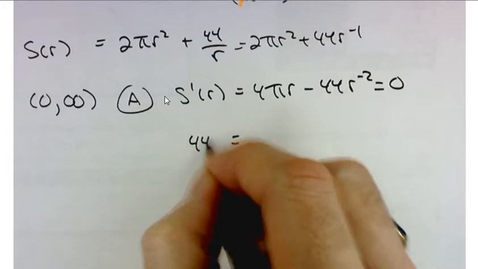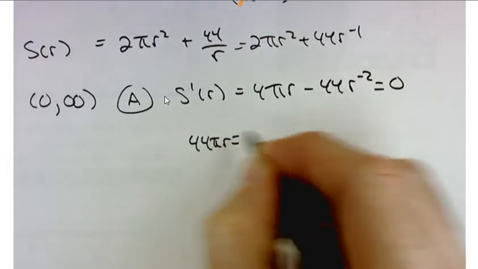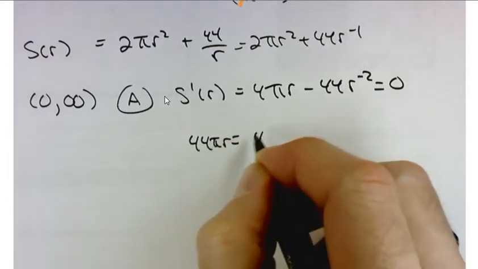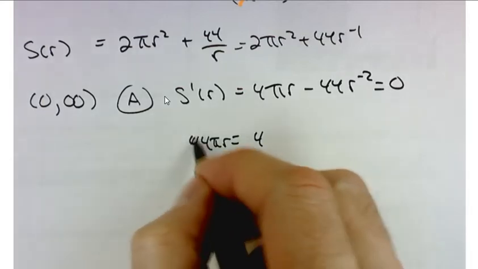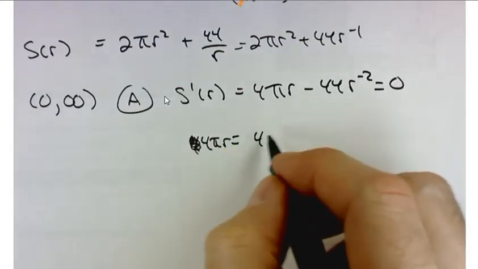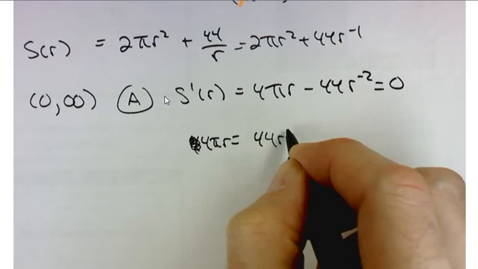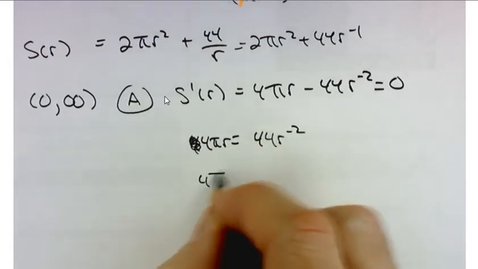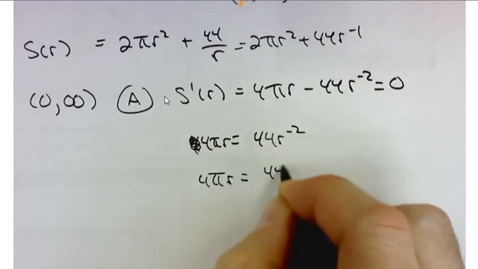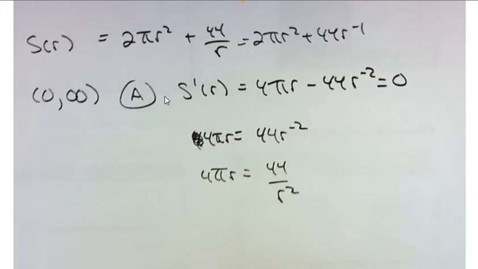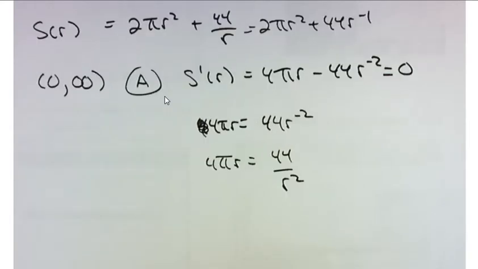I'll get 4 pi r equals 44 r to the negative second. In solving, let me note for you that r to the negative second really represents an r squared term in the denominator.